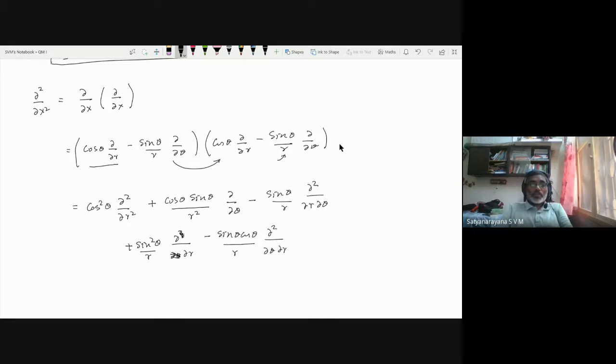Okay, these are the two terms. And then from here also you will have two terms. First thing is plus sin²θ by r² into ∂²/∂θ². Then minus sin θ cos θ by r². Now differentiating, the sin θ will become cos θ by r² into ∂/∂θ.